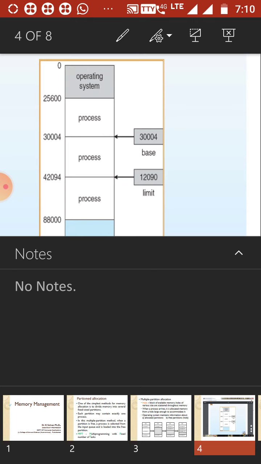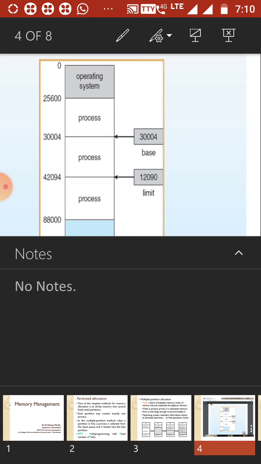Suppose the CPU generated one address, that is 65. Regarding this program, the CPU generated 65, and in the RAM space this program is available at memory location 30,004 bytes. Its starting address is the 30,004th byte.